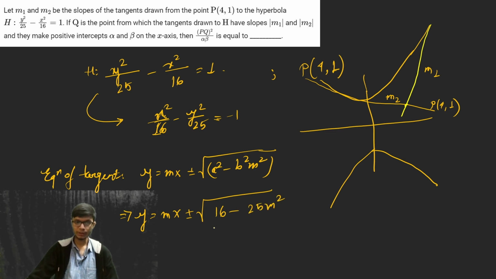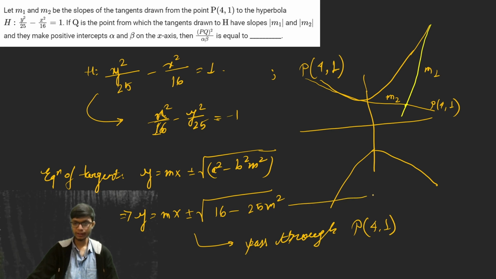Now this particular tangent passes through the point P, that is (4, 1). If we satisfy (4, 1) in this tangent equation, it will give a quadratic in m, which means there are two possible slopes of tangents.